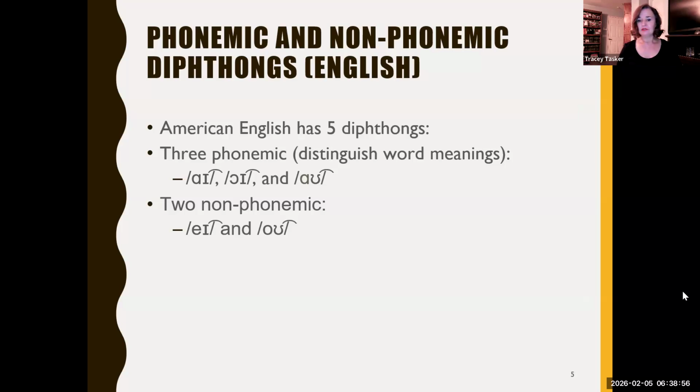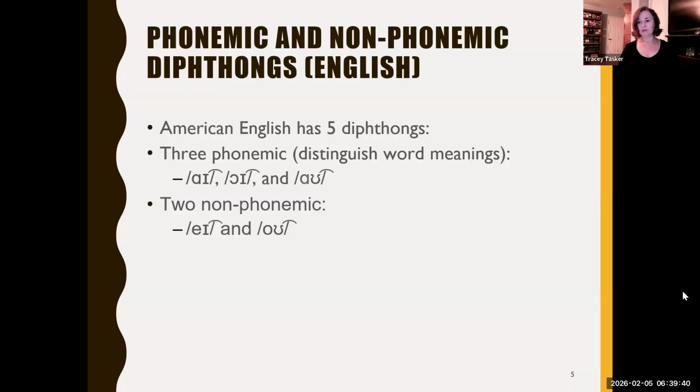So there's 5 diphthongs. So the 3 phonemic ones are I, in a word like boy, and then we have ow, such as in bow. Okay, those are considered phonemic because if you produced a word with just that diphthong, and then try to substitute another diphthong, you're going to have a different word.